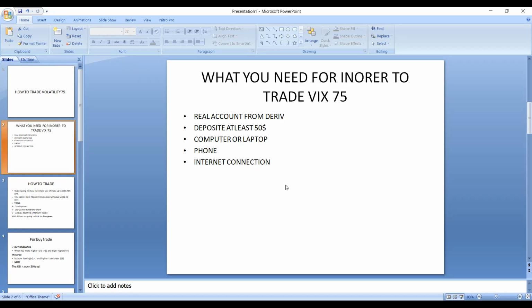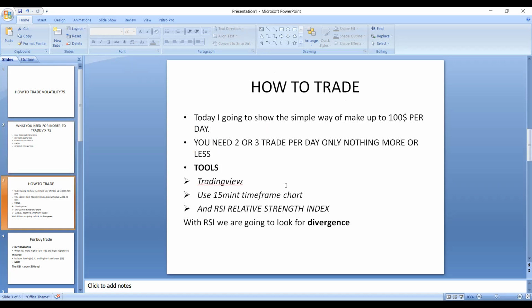So how to trade? This is how we are going to trade. Per day, it's the simplest way: you have to make 100 USD by simply trading only twice or 3 times, no more, no less.